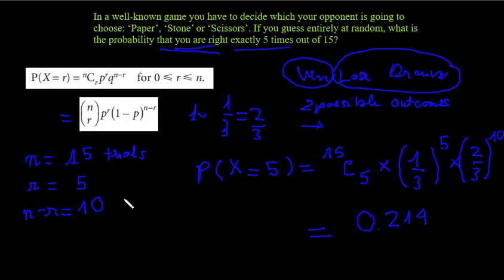The probability that we are going to win 10 times, P of X equal to 10. In this case, the number of success times is 10 and the number of fail times is 5.